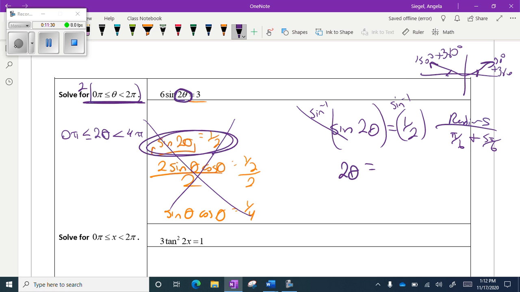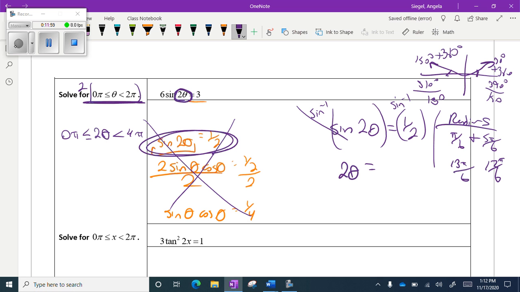So in that case, I would get 390 and 510. This is kind of my cheat. I'll take 390 and divide that by 180 and I'll get my radians. That's going to be 13 pi over 6. I'll do the same thing to 510 and I'm going to get 17 pi over 6.